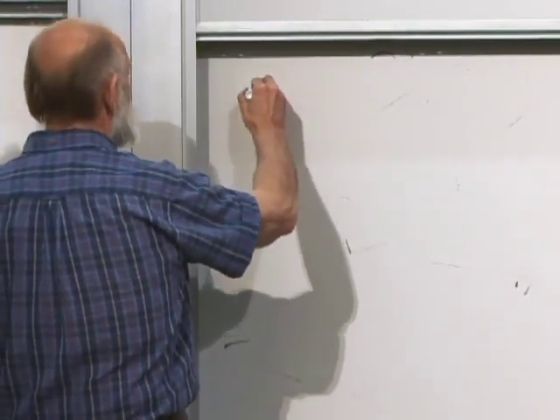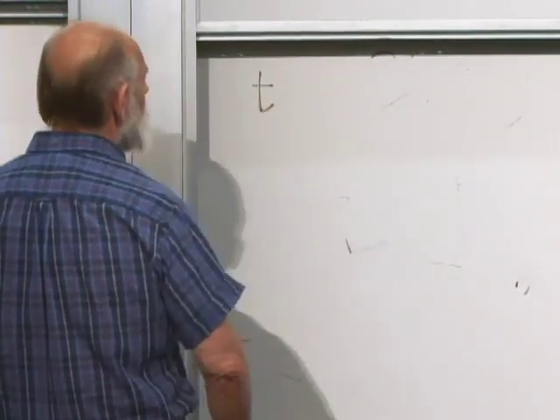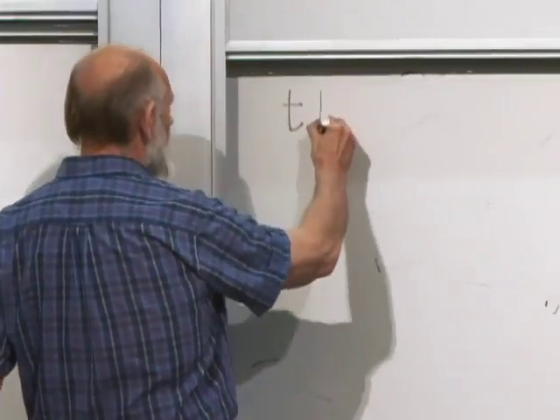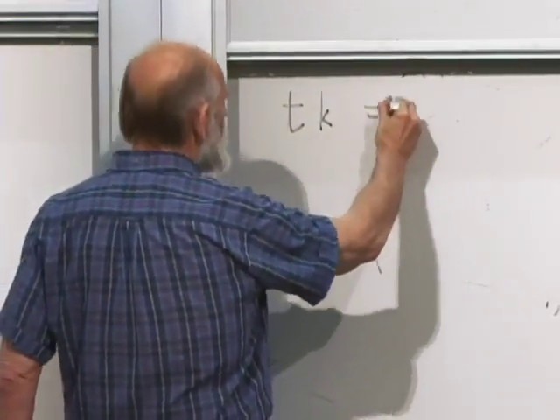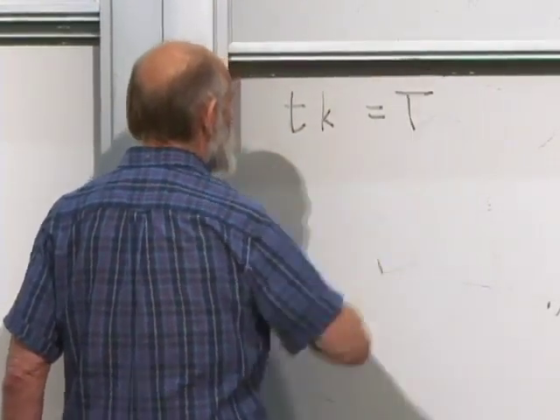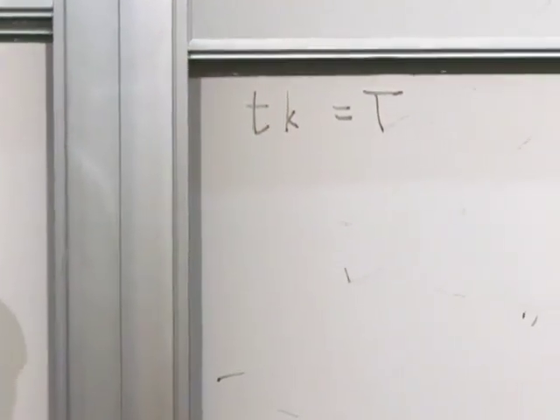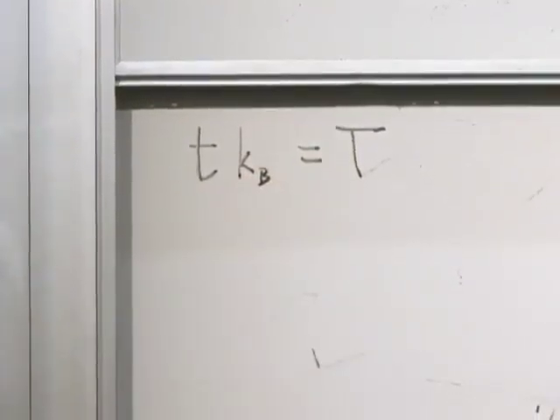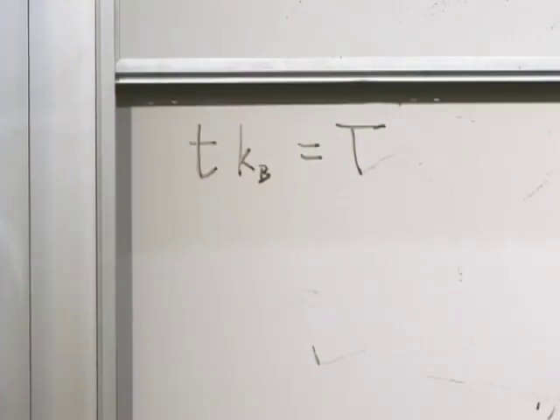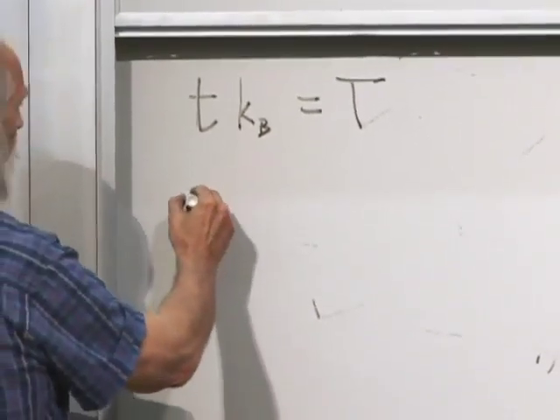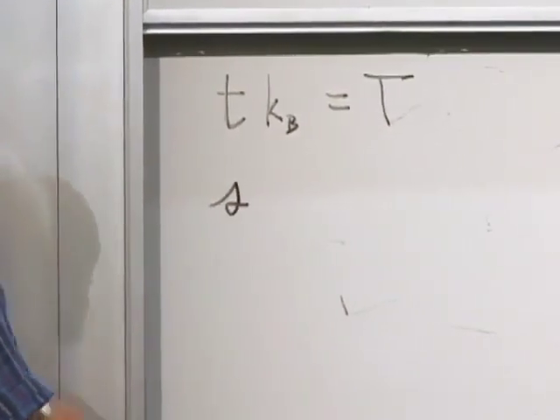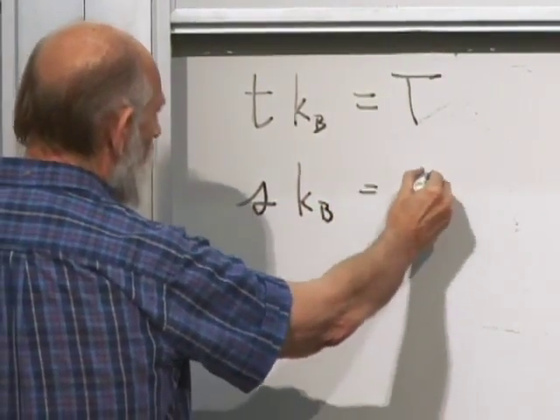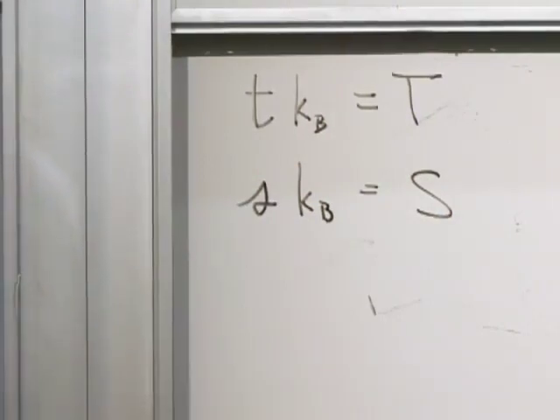I'll call the temperature little t, and little t is such that it times the Boltzmann constant is what I call big T. That's where the Boltzmann constant comes in. And also the standard undergraduate textbook definition of entropy, which I will call little s. You also multiply that by K Boltzmann to get what I call big S, what I call entropy.